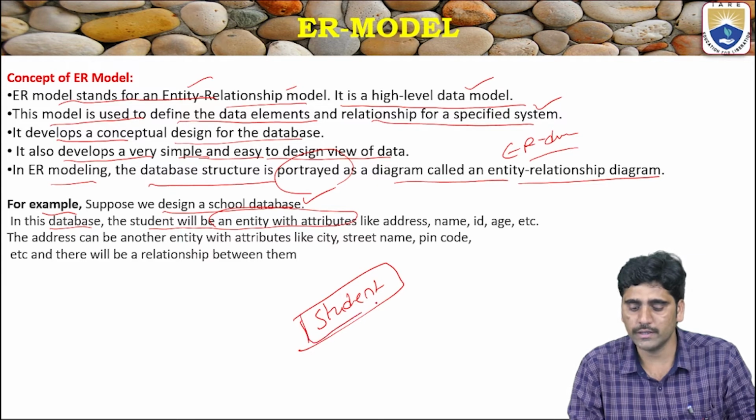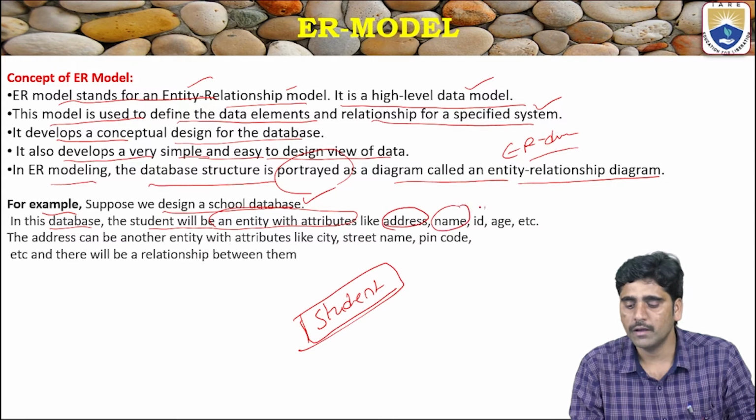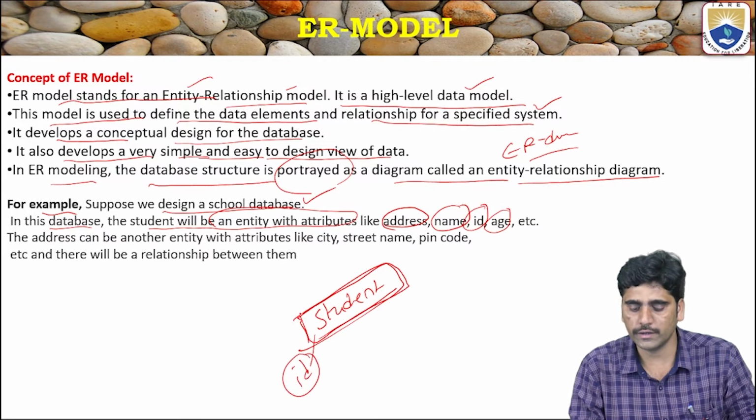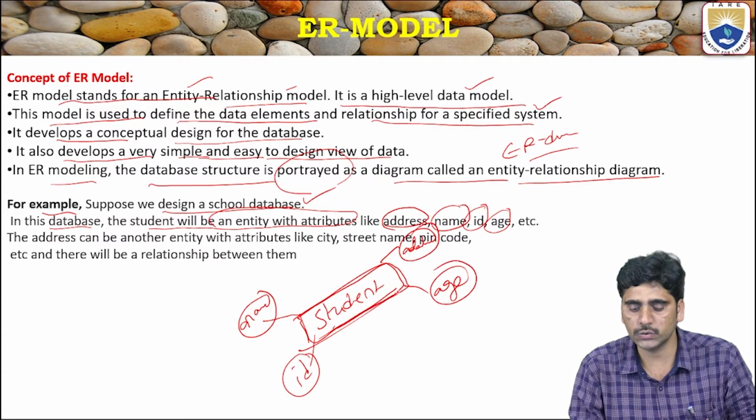So this entity is the real world object, which contains different properties like address, name, ID, age. The student is an entity which contains ID, name, address, and age as the attributes of this student entity.